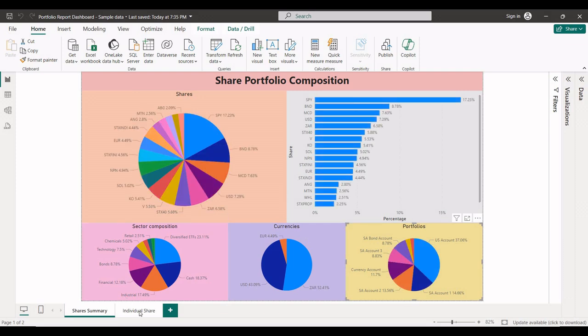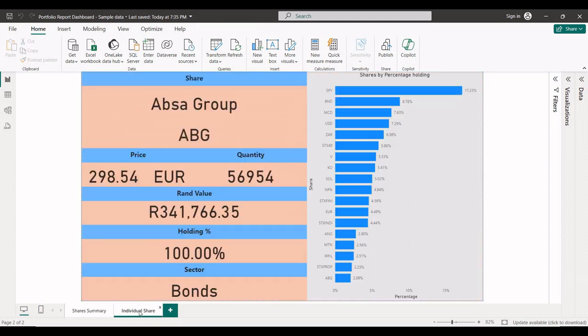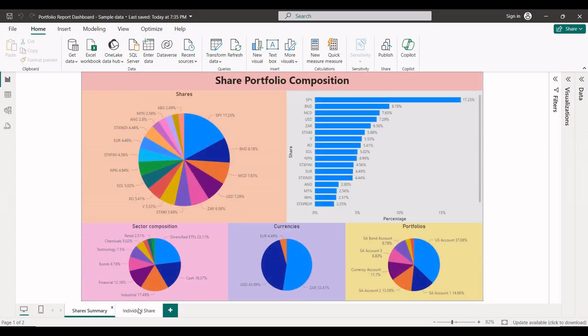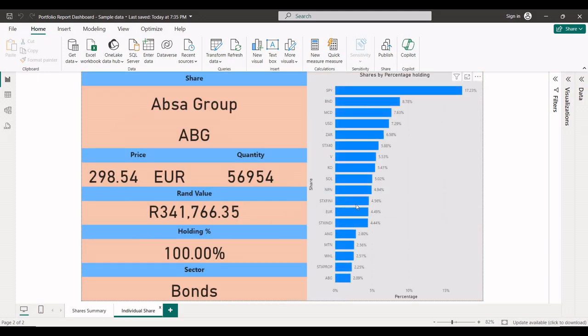We also have another report called individual share, which copies the horizontal bar graph from the previous share summaries report. And this time on the left, we have a panel of information. This report is mainly for narrowing down on a particular share.